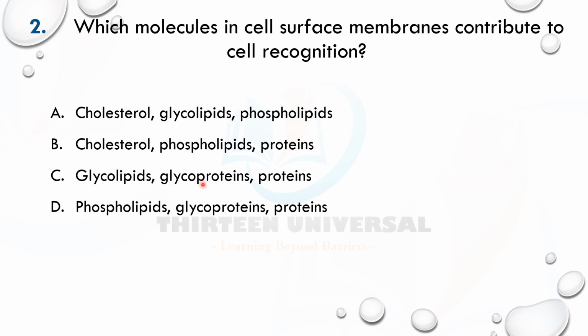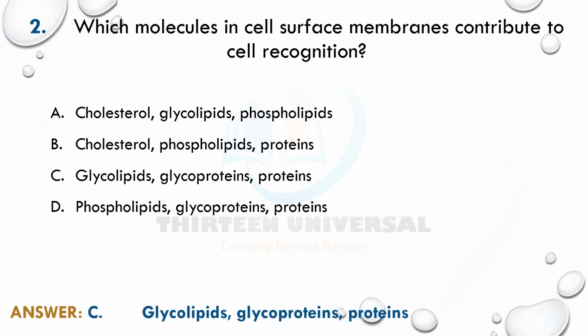Glycoprotein is involved in cell recognition, cell adhesion, cell signaling. Protein is involved with cell recognition, cell adhesion, cell signaling, transport, and enzymes. But all of them play a role in cell recognition. So that is why the answer is C.